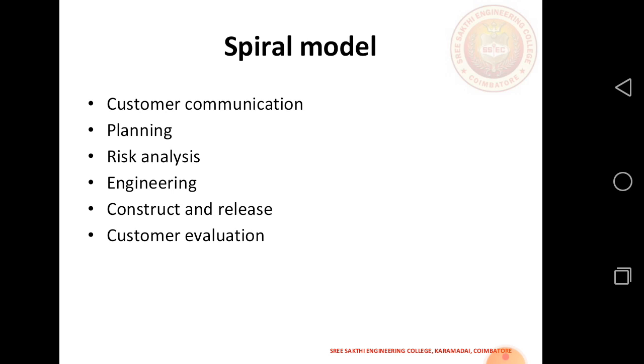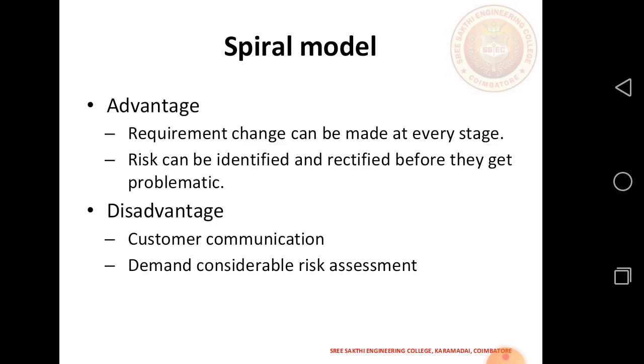Next, engineering is nothing but developing and testing the entire process, and then finalizing the process to construct and release the product. Customer evaluation is to check whether the process is currently working or not.